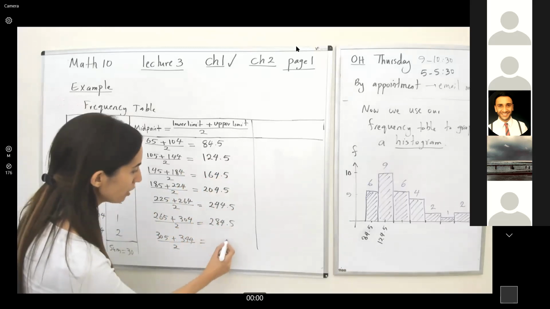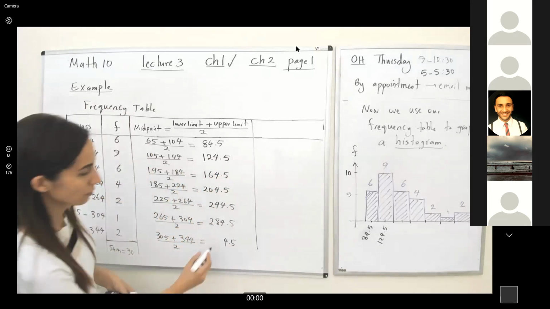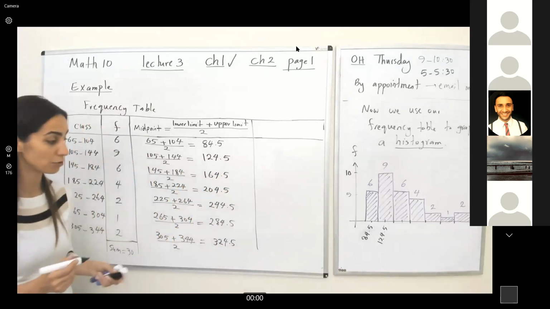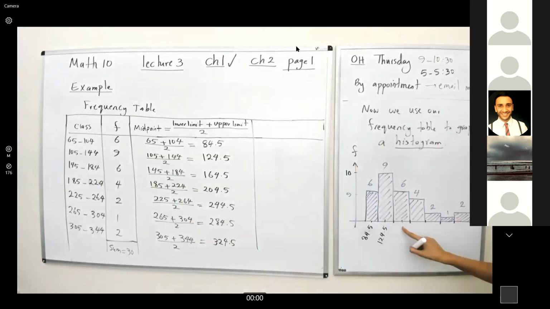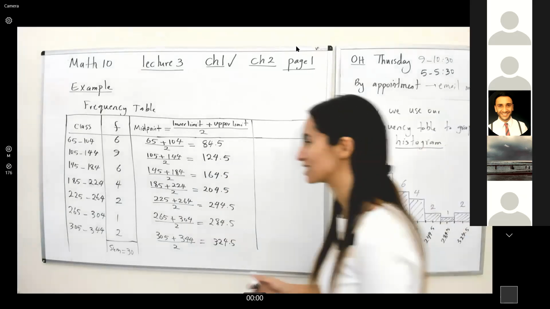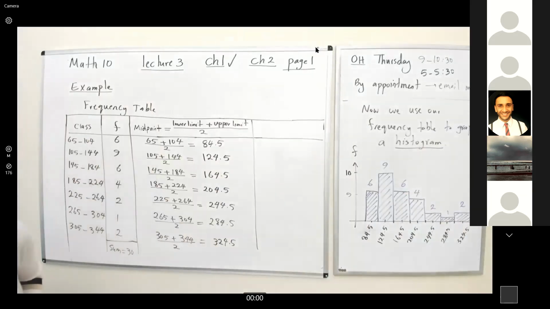And if you add 40 here, 324.5. So these are our representatives of each class. Then for this class, the frequency 40. There we go. So 84.5, then 324.5. These are the representatives of each class.